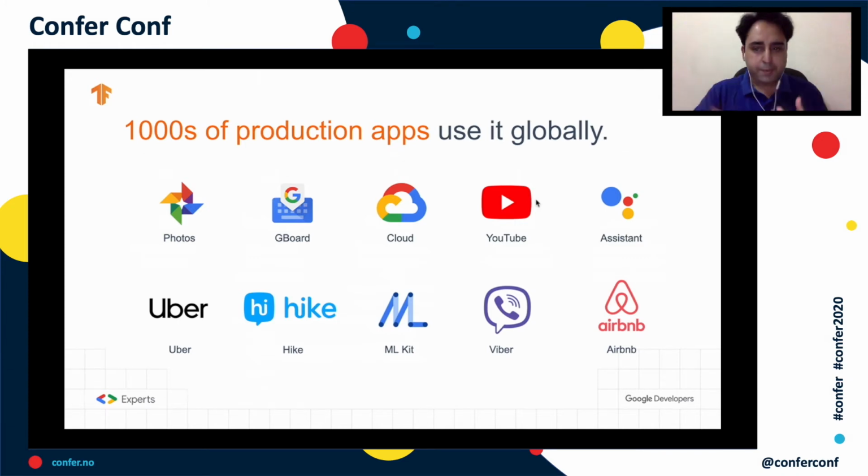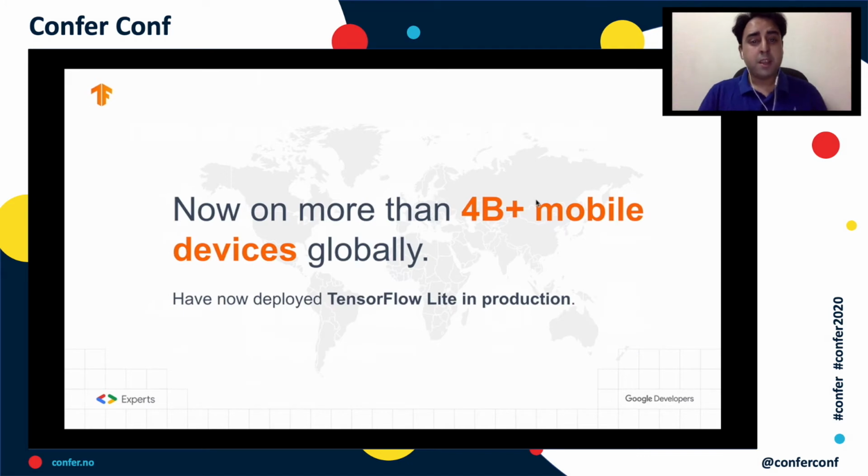The apps that we use every day, like Google Photos, Gboard, YouTube, Airbnb, Uber, they all use some part of TensorFlow Lite in their app, and there are thousands of such apps globally. And apart from these apps, it is estimated that there are 4 billion mobile devices globally that have now deployed TensorFlow Lite models in production.